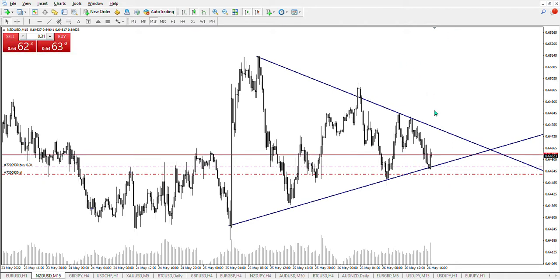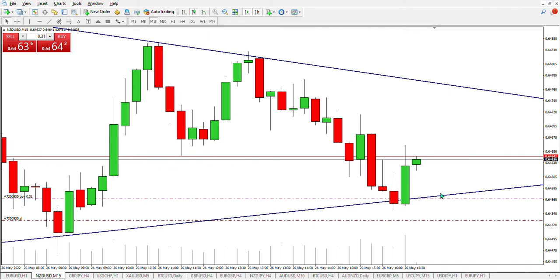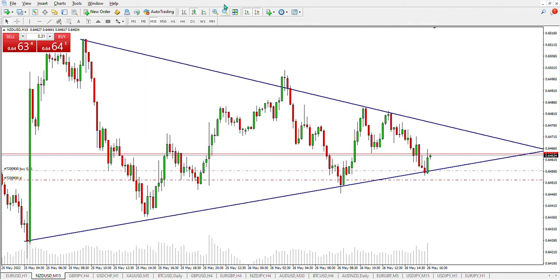So before the breakout of the triangle, we only have about a 50-50 chance the price goes either bullish or bearish. But in this case, guys, I buy the price really low, just when it touched the lower support area or the lower trend line.